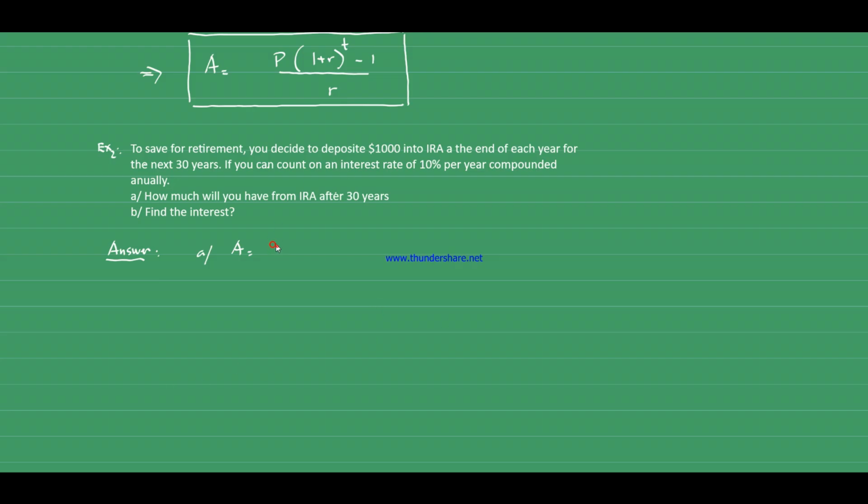Then 1 plus R is 1, raised to T, in this case 30 years, minus 1, over 1. You're going to put the whole thing into your calculator.